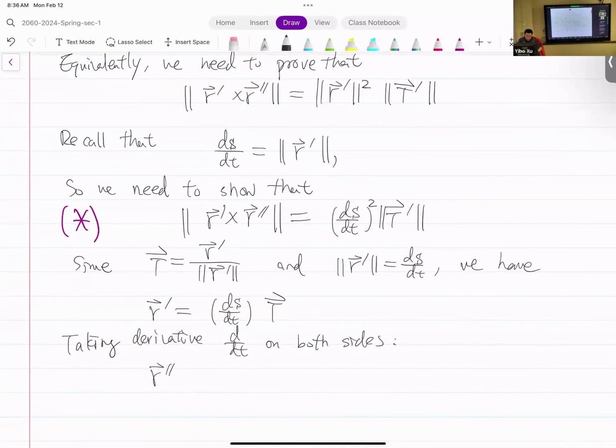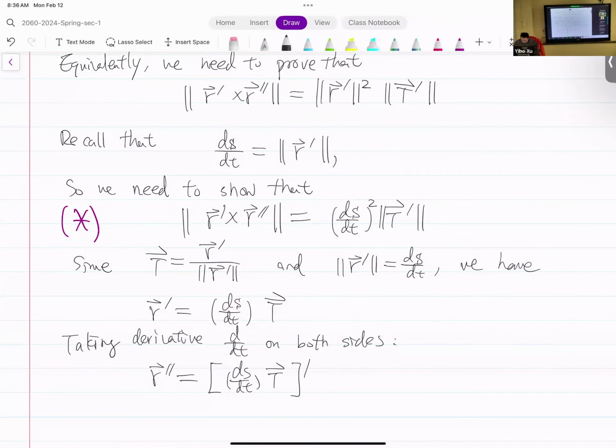So it's the derivative of the first times the second plus the first times the derivative of the second, right? So this equals ds/dt, the scalar function, times the vector function.